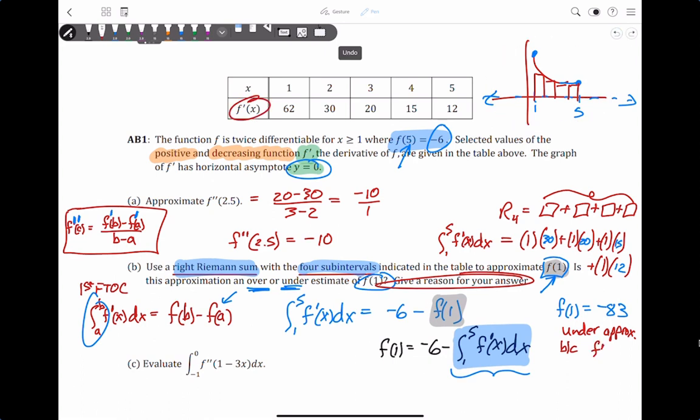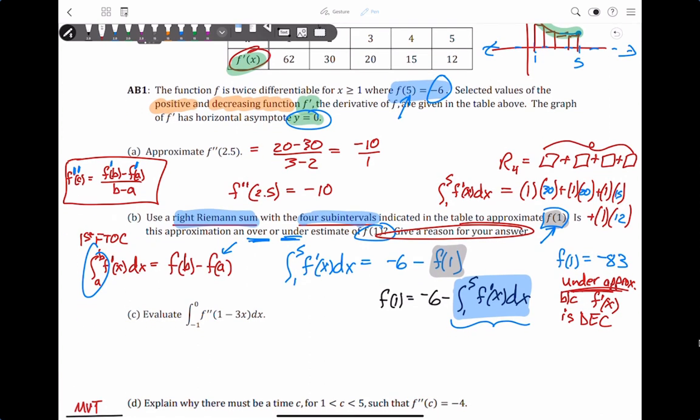And I'm talking about, let me highlight it in green the way I chose at the beginning. f prime of x is decreasing. Because you're doing a right Riemann sum and because f prime is decreasing, it will automatically be an under approximation. Okay, so look at all the pieces that we use. First fundamental theorem, we use the Riemann sum, all that justification, please make sure you list them all out.